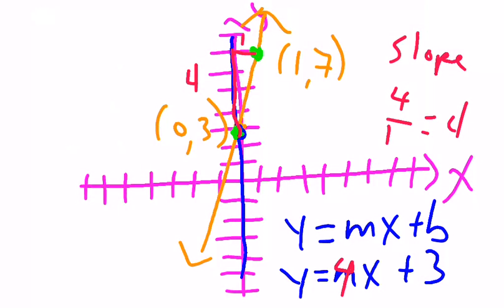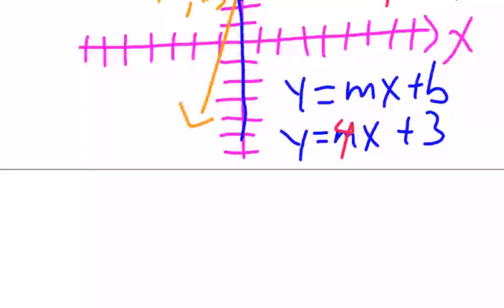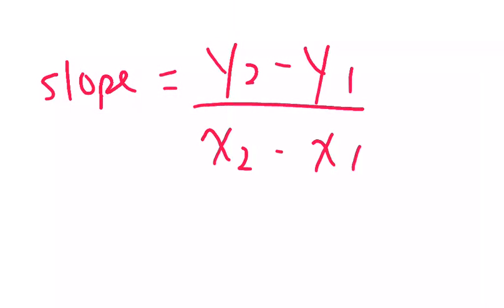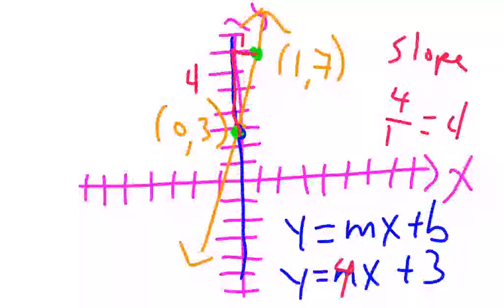Well, knowing that I've been given 2 points, I can use the slope formula. So slope formula says y2 minus y1 over x2 minus x1. So with that being said, we want to take these 2 points, 0, 3, and 1, 7.